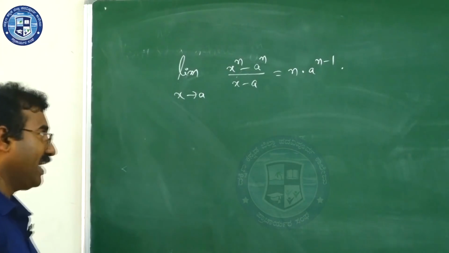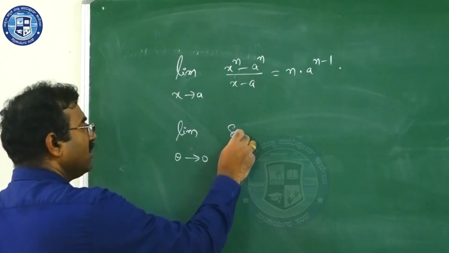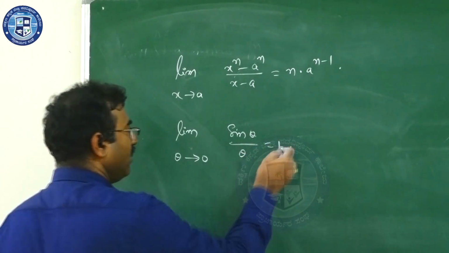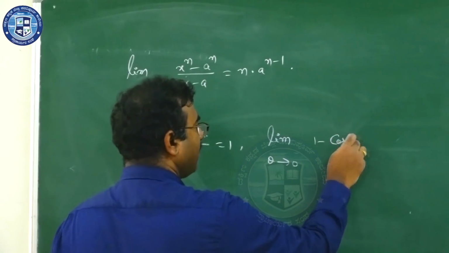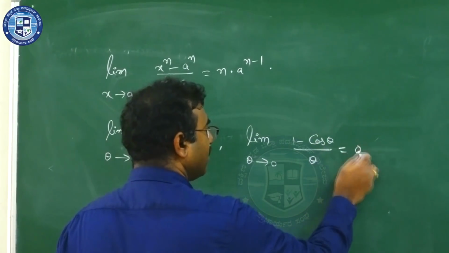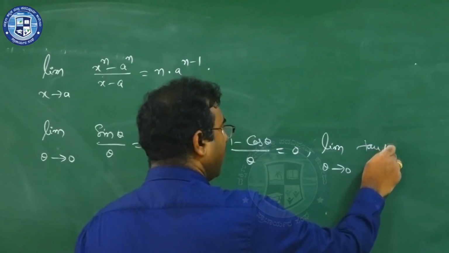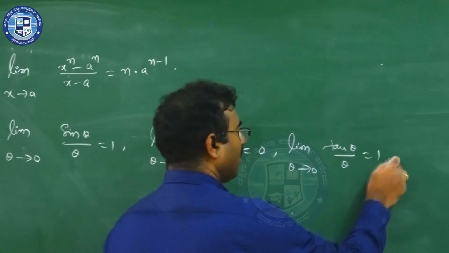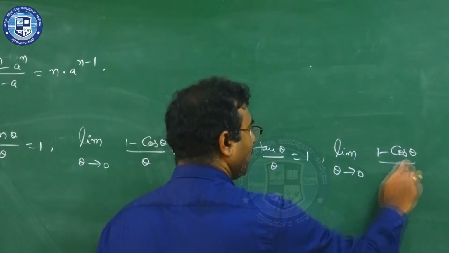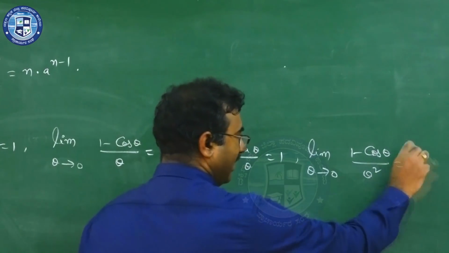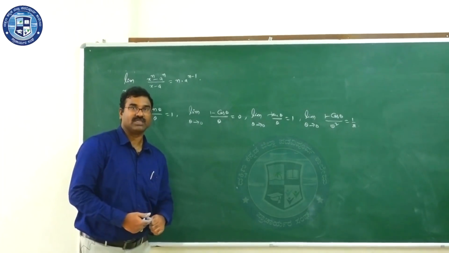This is the formula we have learnt, and also we have learnt limit theta tends to 0, sin theta by theta is 1, limit theta tends to 0, 1 minus cos theta by theta is 0, limit theta tends to 0, tan theta by theta is 1, and limit theta tends to 0, 1 minus cos theta by theta square is 1 by 2. So these are the formulae we have learned in first PUC, right?